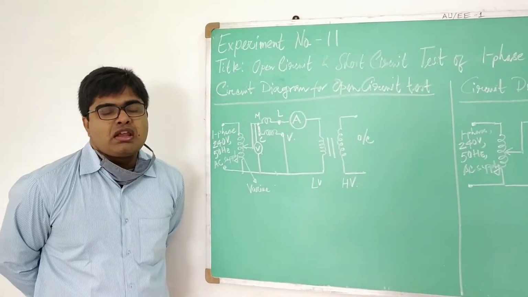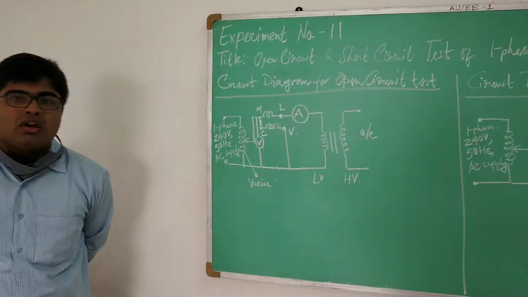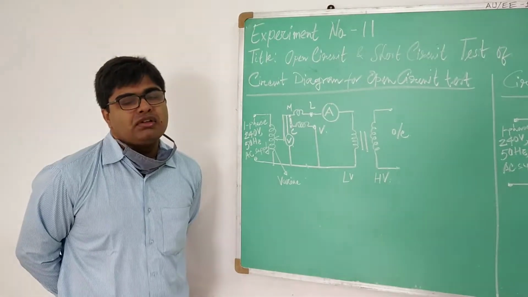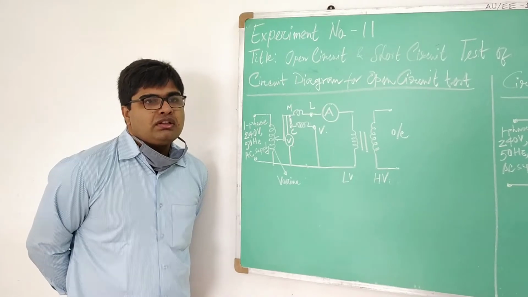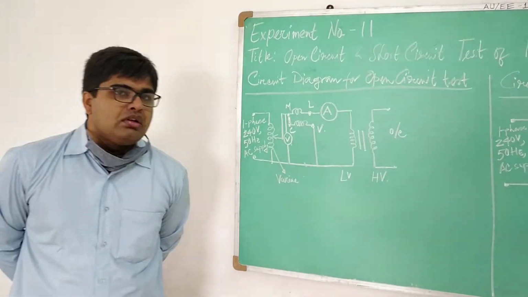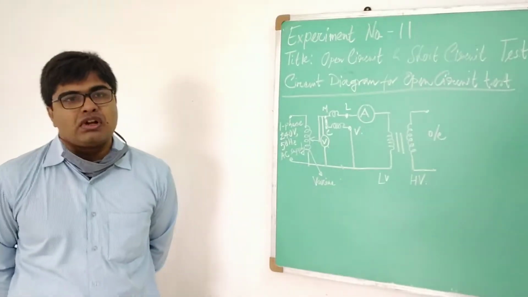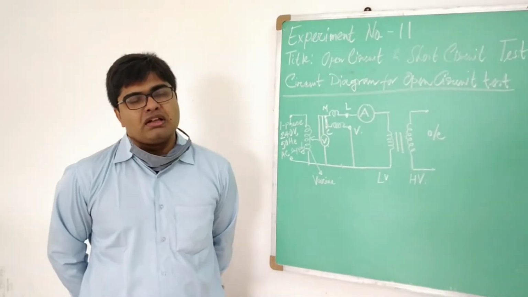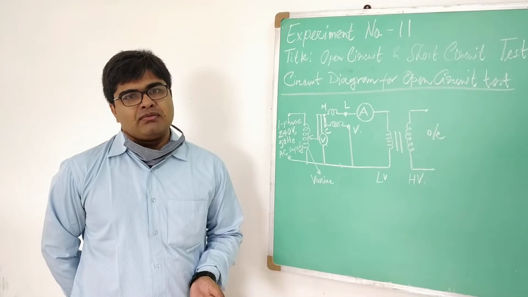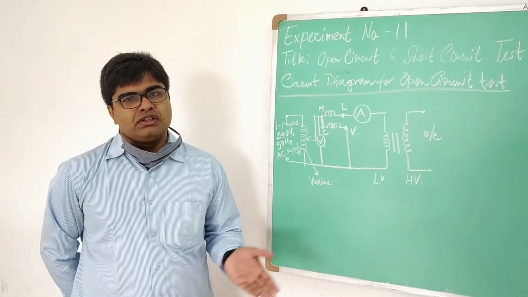Now, before starting anything, I must tell you what a transformer is. Often in electrical practical applications, we require to escalate or de-escalate the voltage level. For that purpose, we use a transformer. It either escalates the voltage level from one level to another, or it de-escalates.